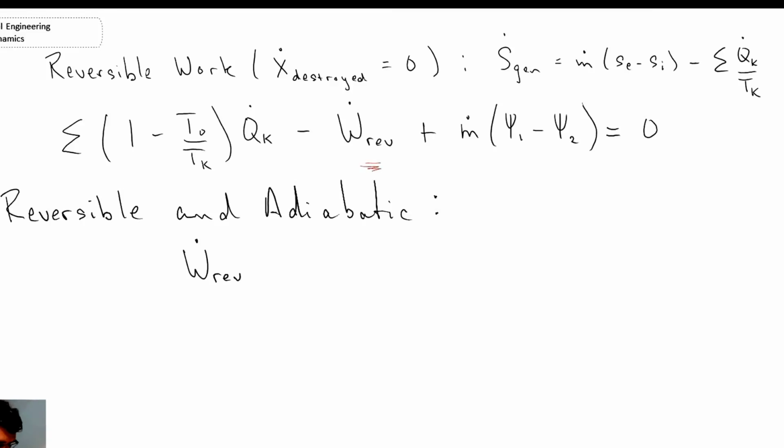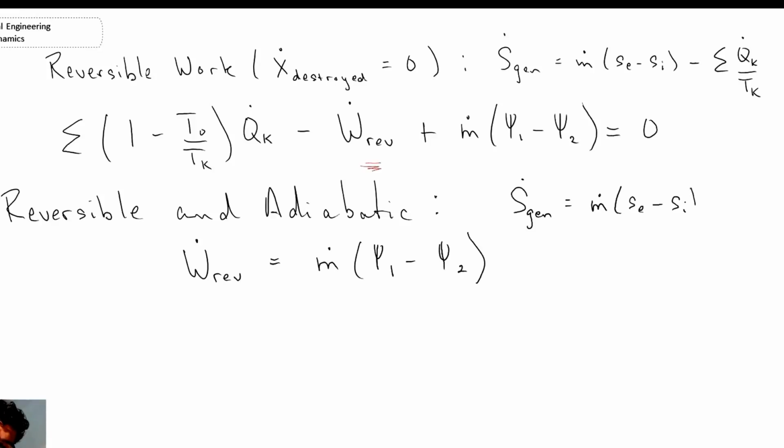So the first term is gone, and then all we're left with is the following. And similarly, for the entropy generation for this type of process, we would write m dot times SE minus SI, because the adiabatic assumption would remove the heat transfer term.